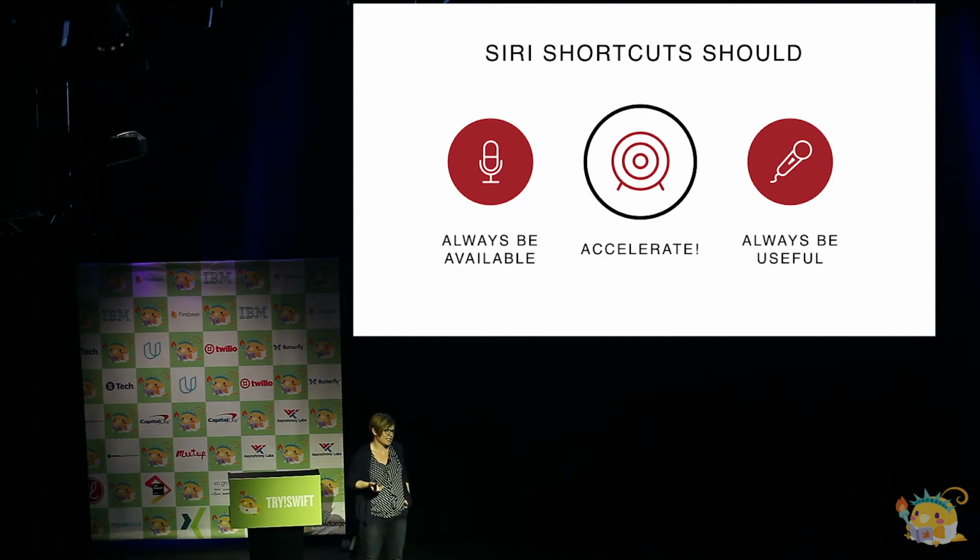So it doesn't make a lot of sense to set up a shortcut for something you're going to want to do one-off, because once you've set up your account, something like that, it's just not that useful to do it again. But the big benefit of shortcuts is acceleration. The whole point is to save users time and mental effort.